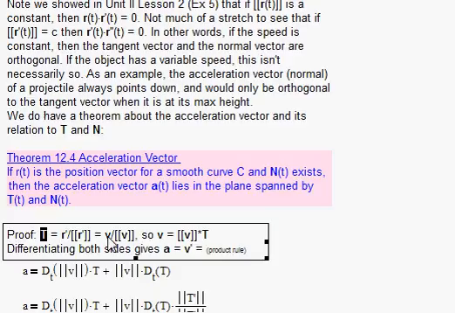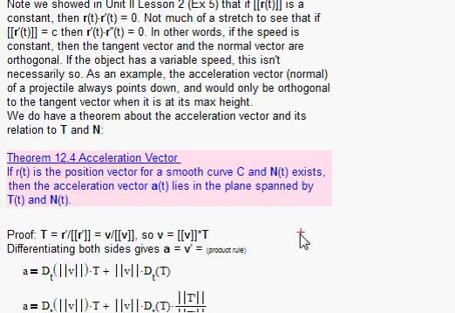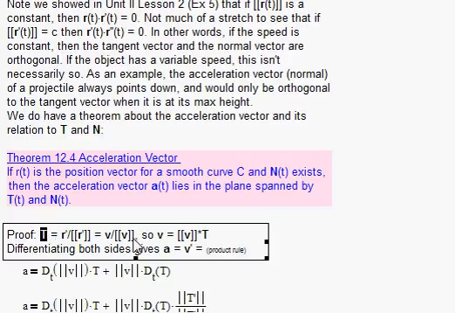So that's the velocity vector divided by the length of the velocity vector. And so since we have that T equals v divided by the length of v, we can say that v is the length of v times the unit tangent vector.